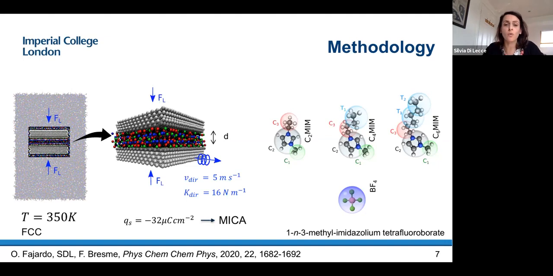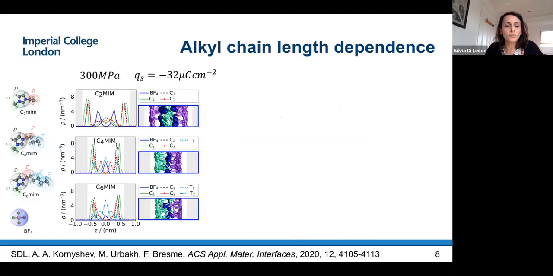we apply the load and we pull one of the walls. What we observe is that the ionic liquid structures itself in different layers, so we have the cation layer, the anion layer, and so on. And the thickness is actually changing, for the same load, with the chain length that we are using.